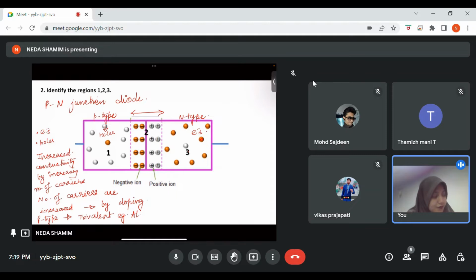So if you have this as a host material and you give a trivalent element over here, say this is a trivalent element, now it has one less electron. So what will happen? It will take one electron from the host, so it leaves behind a hole.